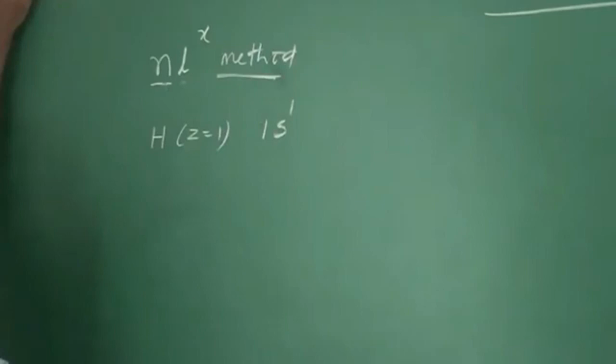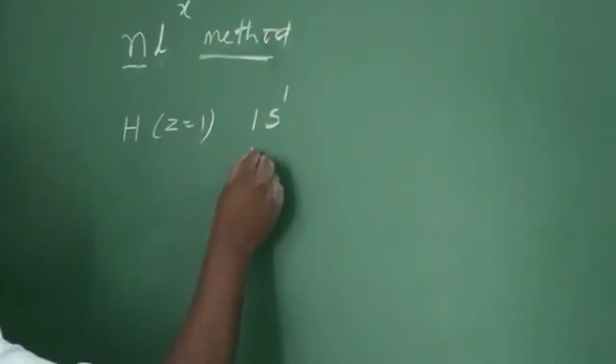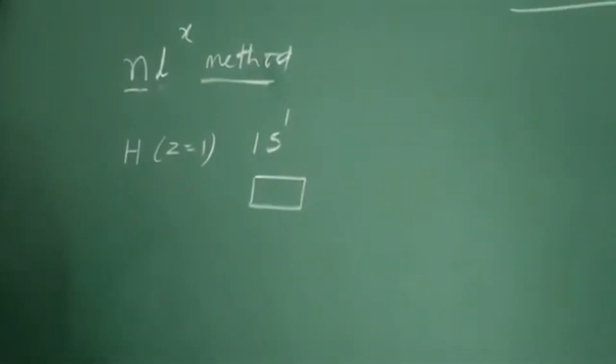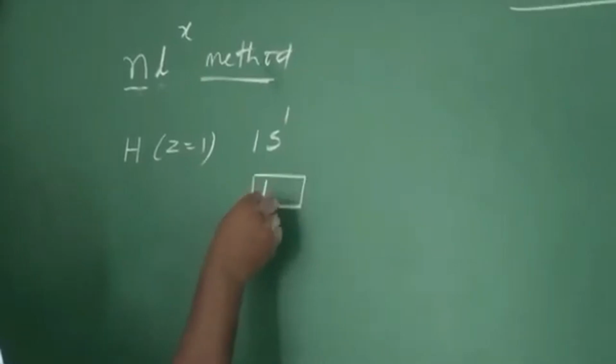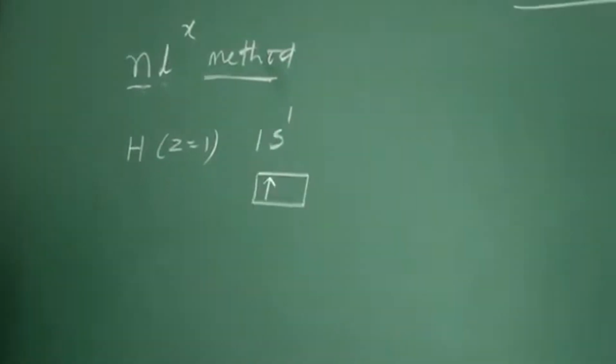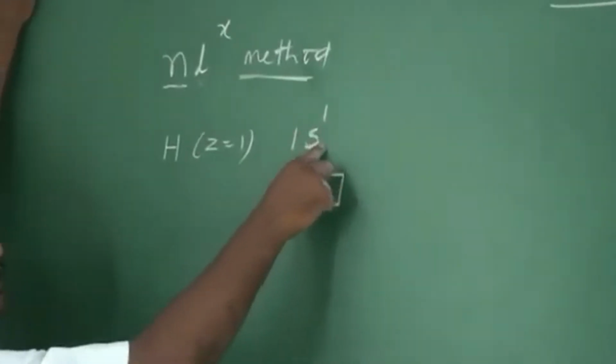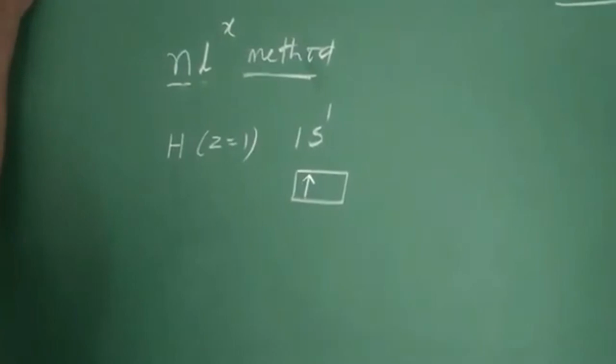Now this electronic configuration can also be represented with boxes and arrows. So this s orbital can be represented with one box like this, and this electron will be represented like this. These are the 2 methods: this is the nlx method and this is the boxes and arrows method.